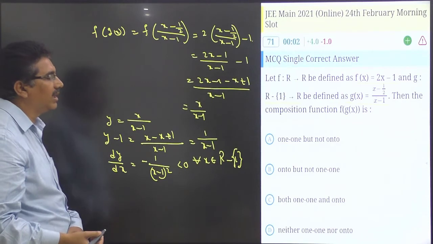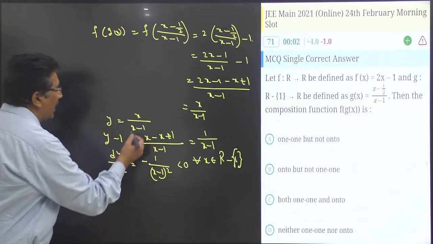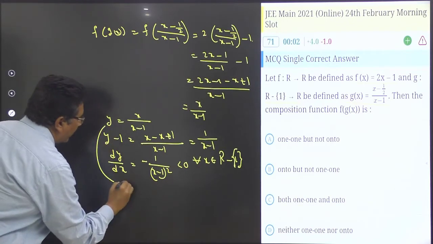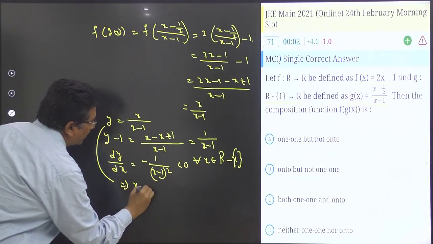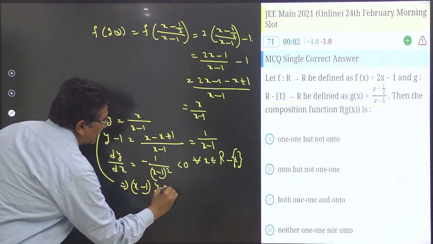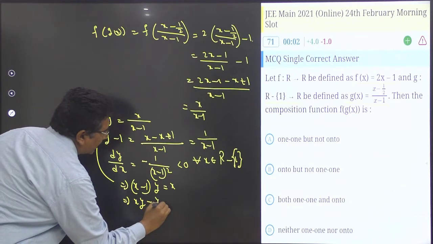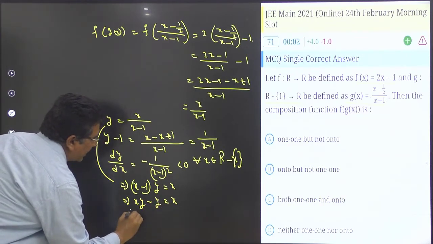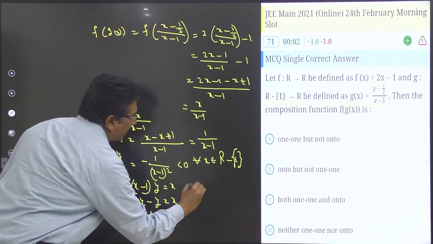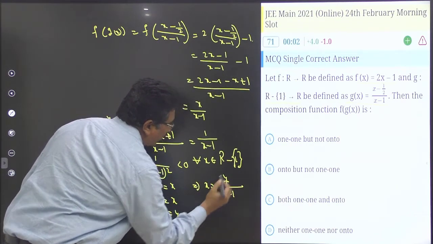Okay, now verifying onto. Right, here y is equal to x by x minus 1. From this, that implies x minus 1 into y is equal to x. That is x into y minus y is equal to x. That implies x into y minus 1 is equal to y. That implies x is equal to y divided by y minus 1.